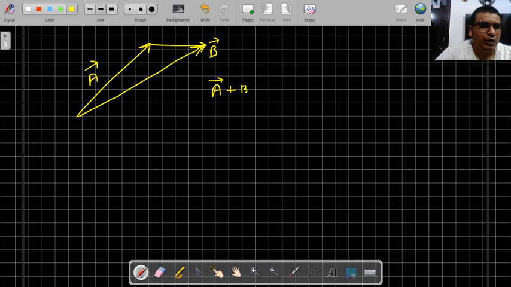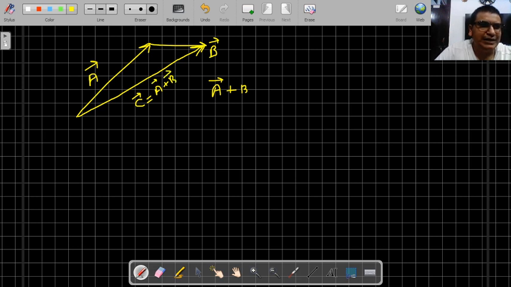This longest length is called vector c, which equals a plus b.